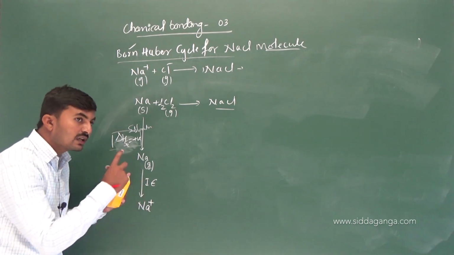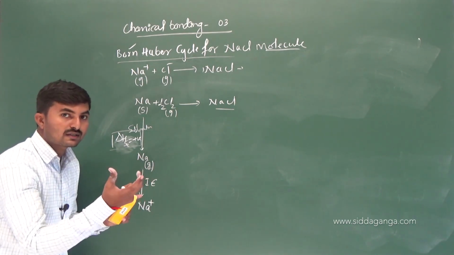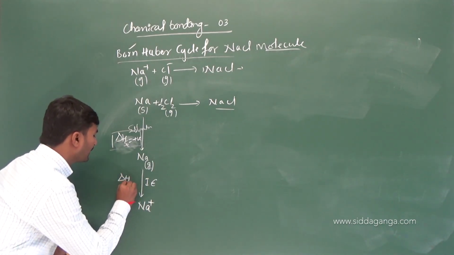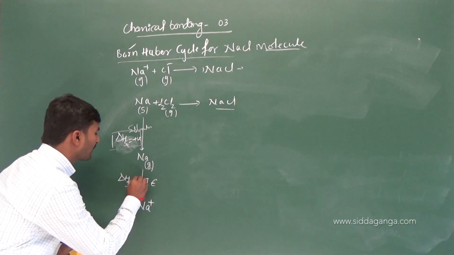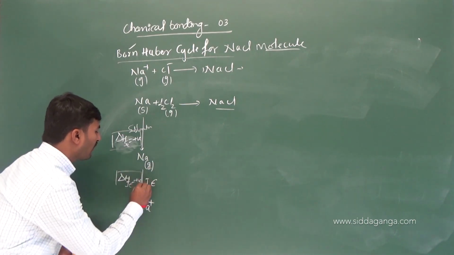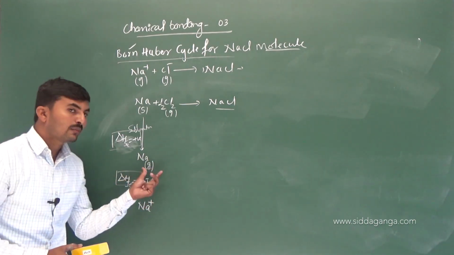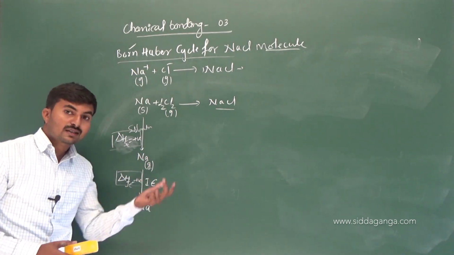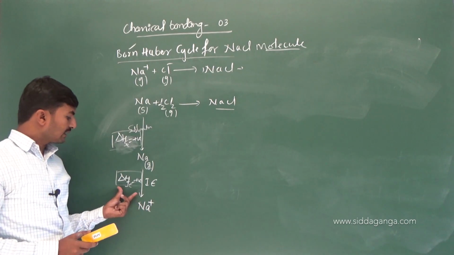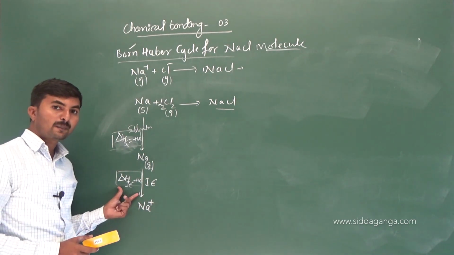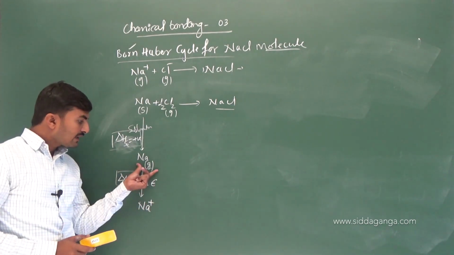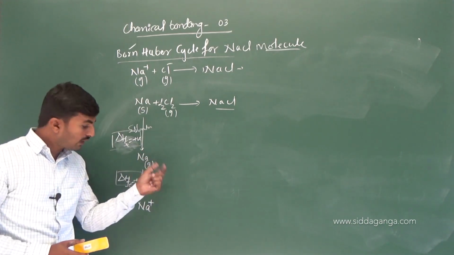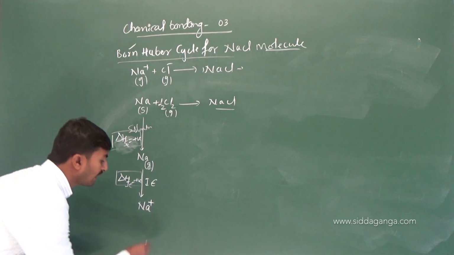Delta H of ionization energy is also positive. Why is it positive? Here energy is not released; instead, energy is required by the system, that is why delta H is positive. After providing some energy, sodium loses its one electron and is converted into a gaseous cation.